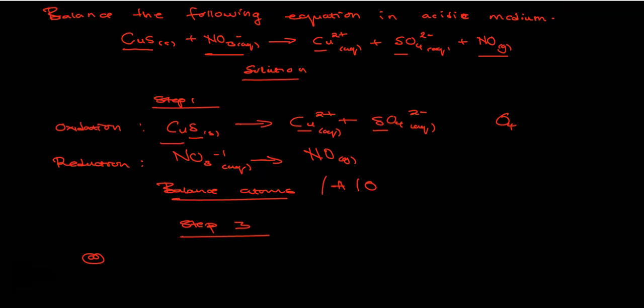If we add water to the side where there is no oxygen, H2O means we are going to have 1 oxygen, so we add 4 molecules of water so that we have 4 oxygen here, as we have 4 oxygen on the product side. Let me scroll down a bit.